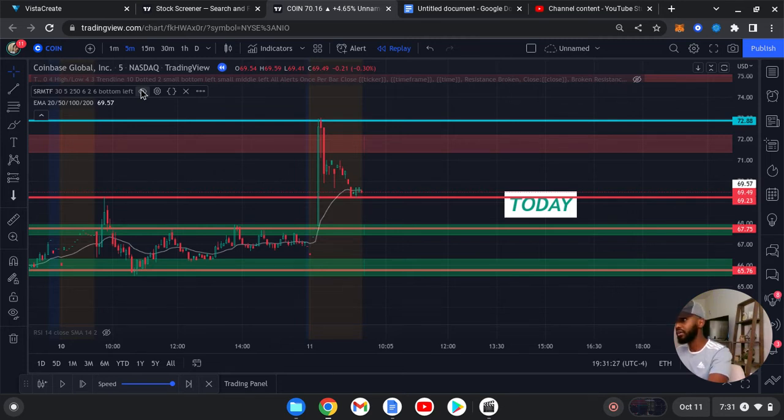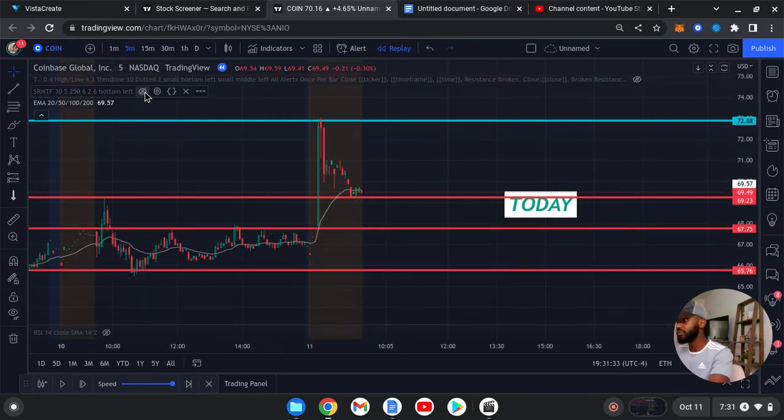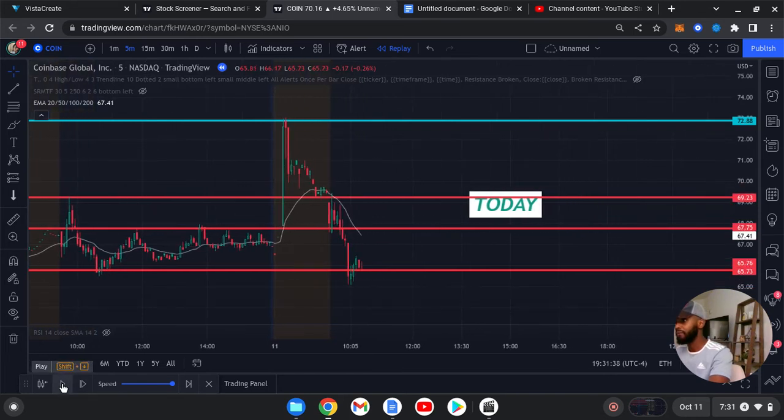We said we're not going to use supply and demand, but we can see the levels that it gives us. So if we start the day, we can see that Coinbase came down to this low.